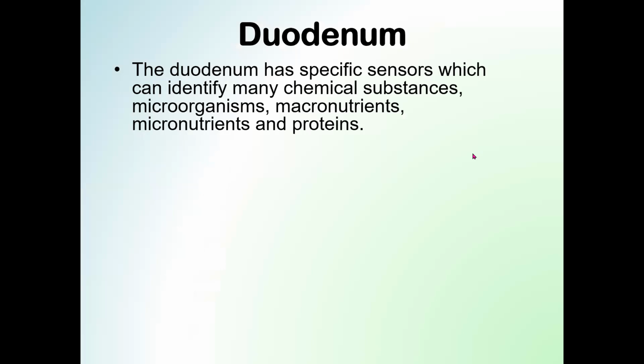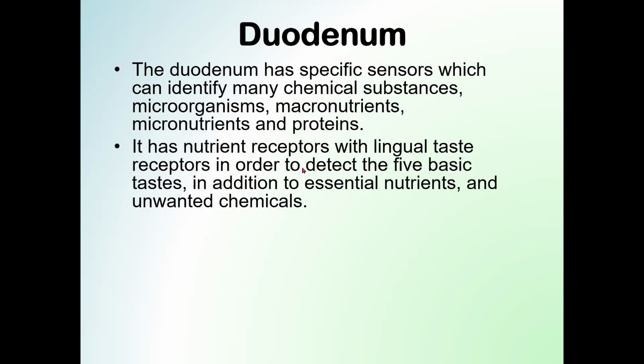Now, the duodenum has very specific sensors, and they can identify all sorts of substances. They can identify microorganisms as well, macronutrients, which are very large molecules, and micronutrients, much smaller ones, and proteins.